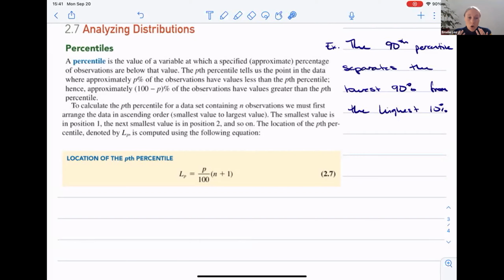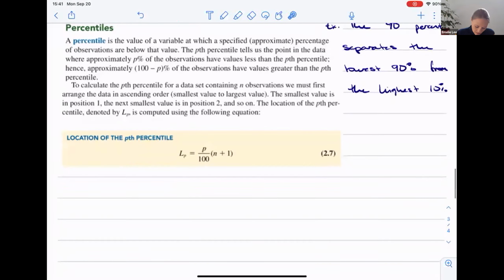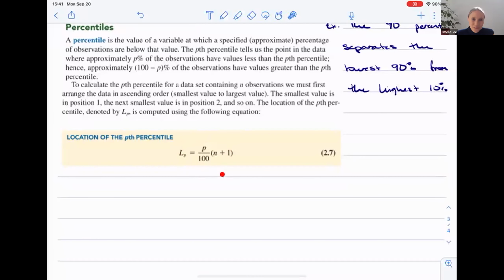There are common percentiles that we use, but in general, we use software to find them. The only formula we have is for finding the location of the pth percentile. It takes the number of data points that you have and adds one, because otherwise it might get thrown off.